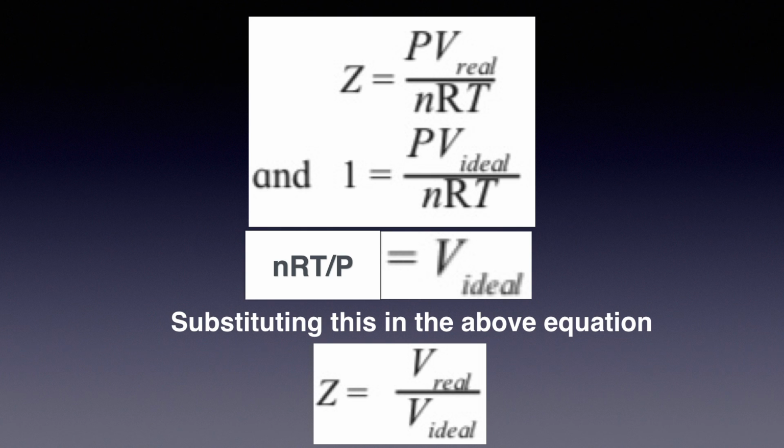So I got the final equation, Z is equal to V real upon V ideal. Now this equation implies that the compressibility factor is a ratio of actual molar volume of a gas to its molar volume if it behaved ideally at that temperature and pressure.